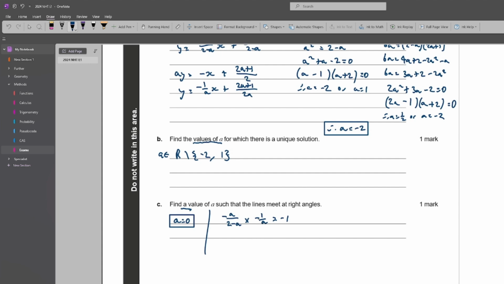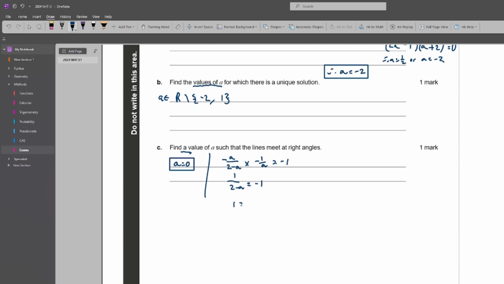So we're going to have negative times a negative is a positive, a, and then times over a, they're going to cancel. We're going to end up with 1 on 2 minus a equals -1. 1 equals a minus 2. Therefore, a equals 3 would be another solution. Because it says a value, either of these solutions should be fine.